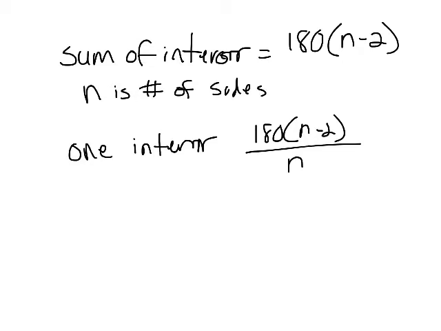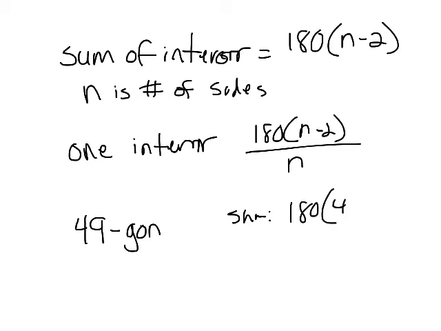So if I want one interior angle of, let's call it a 49-gon, I have no idea what the official name of that is. It really doesn't matter how many sides if I can use the formula. The sum is going to be 180 times 47, and that ends up being a lot, 8460.